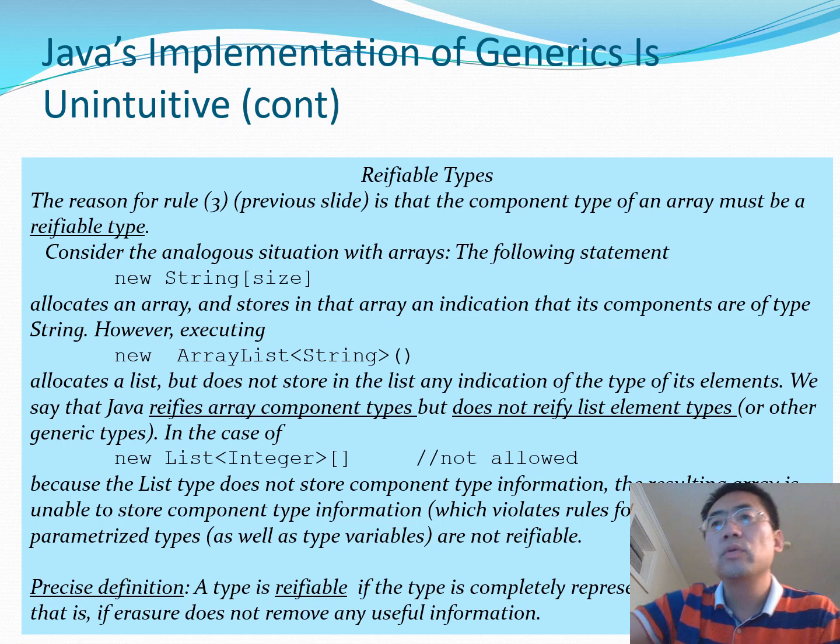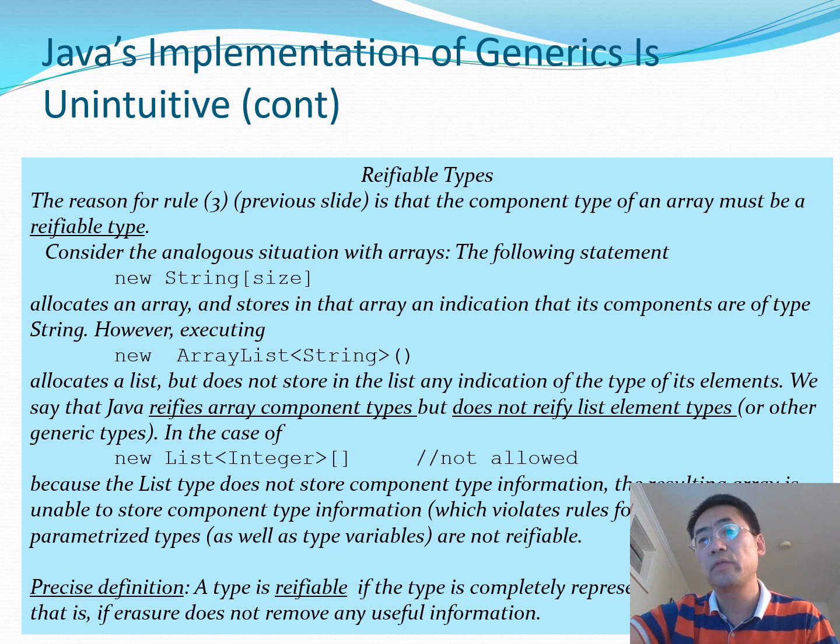This has something to do with what we call a reifiable type. What does that mean? Anytime you have a class, a parameterized type or a generic type, when you compile it, you erase the type information. If the type is reifiable, that means the type information is completely represented at runtime.